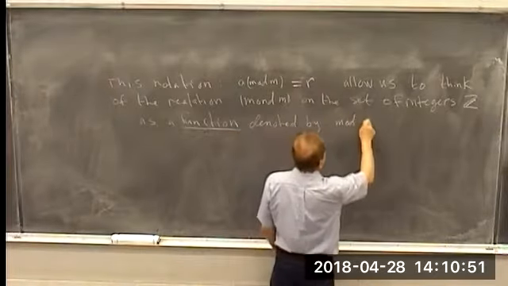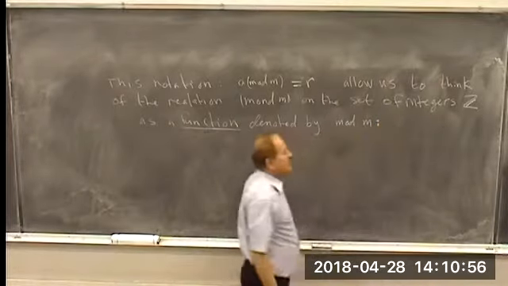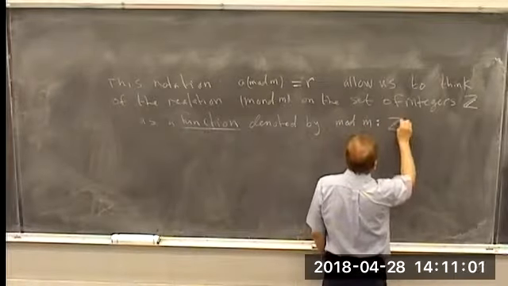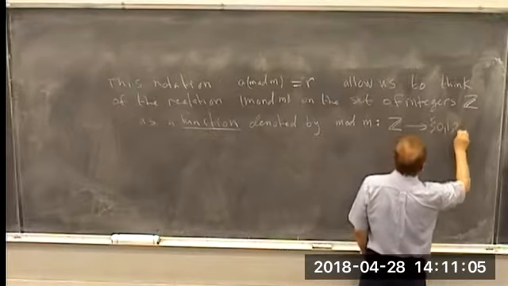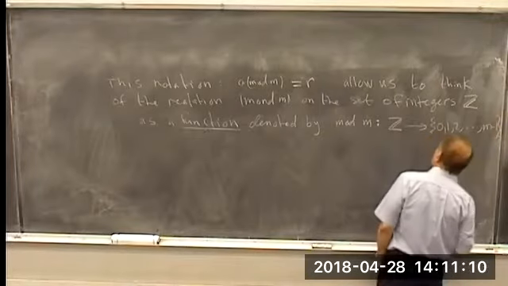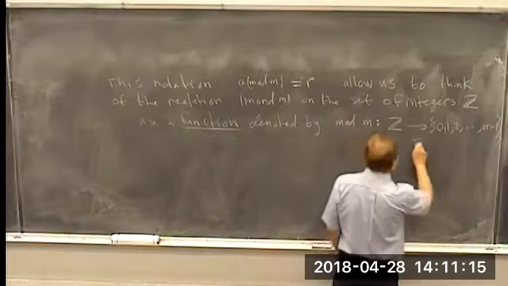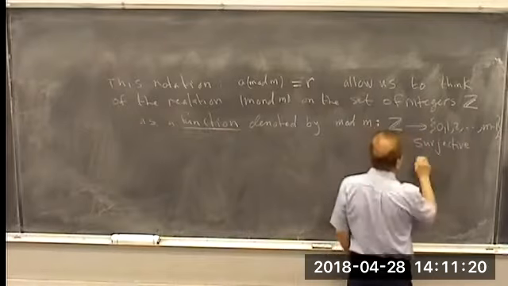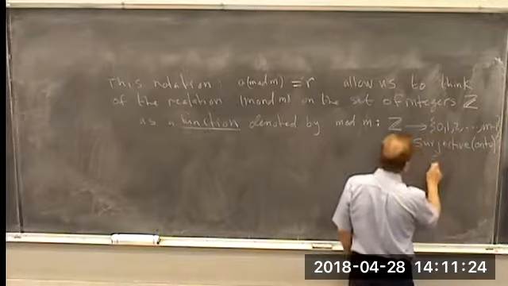It is a kind of weird notation, but we will replace this by something nicer. So this function goes from Z to the set of integers 0, 1, 2, up to M minus 1. And this function is also surjective, or another name for surjective is onto function.